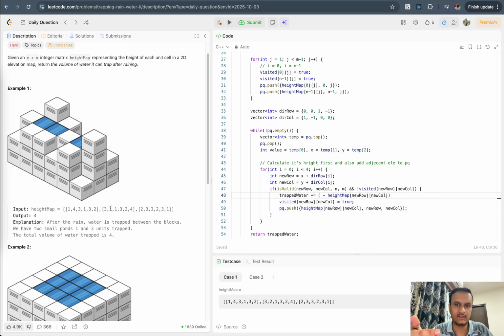Or when I am pushing this inside, should I calculate then? Anyways, I am pushing all four, marking them visited here and pushing all four of them. Should I mark them as calculated now? That's a good question. Or should I calculate this?